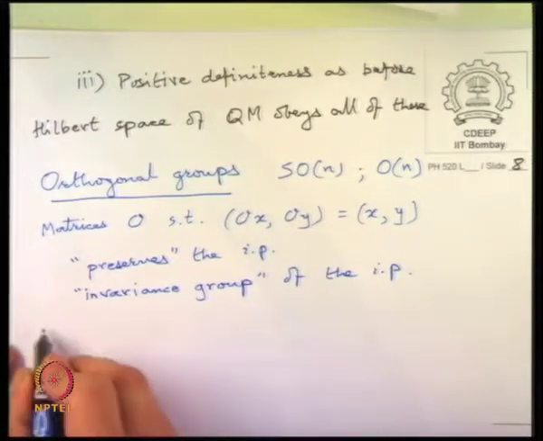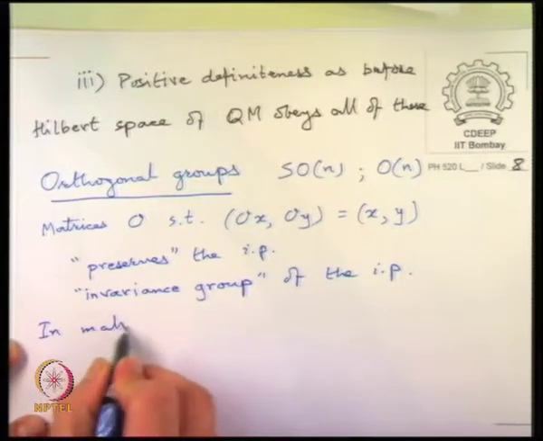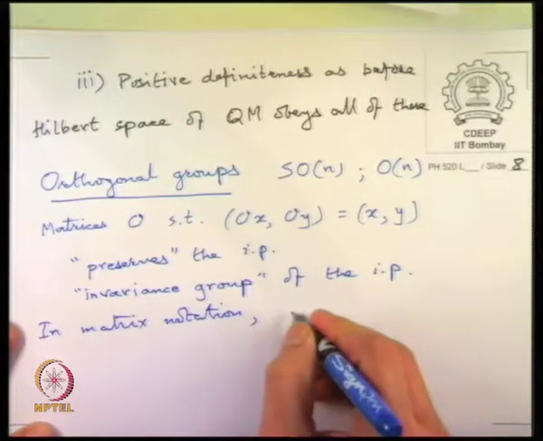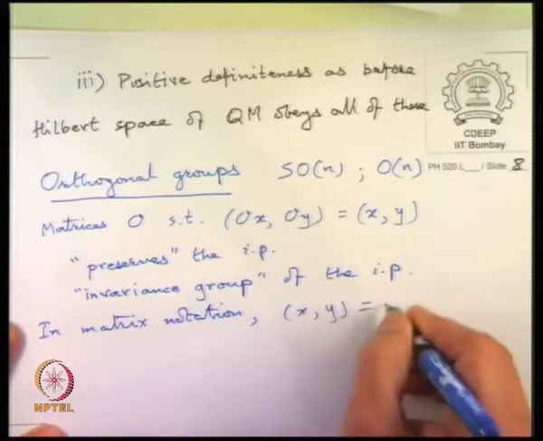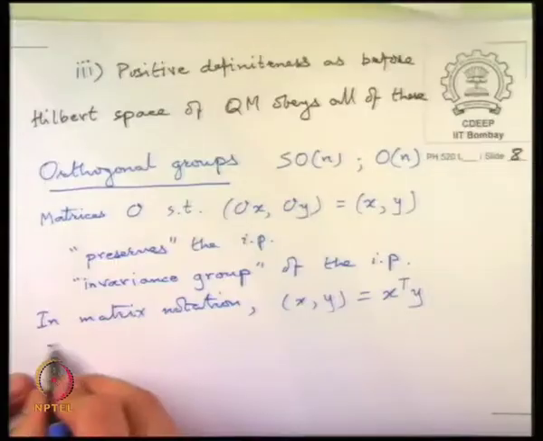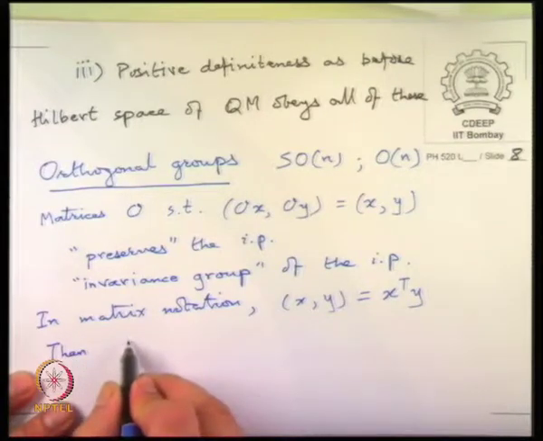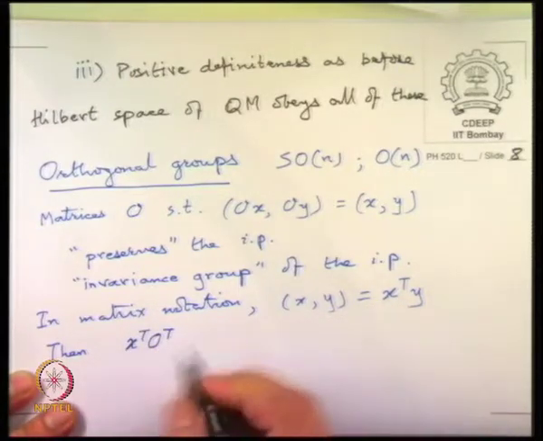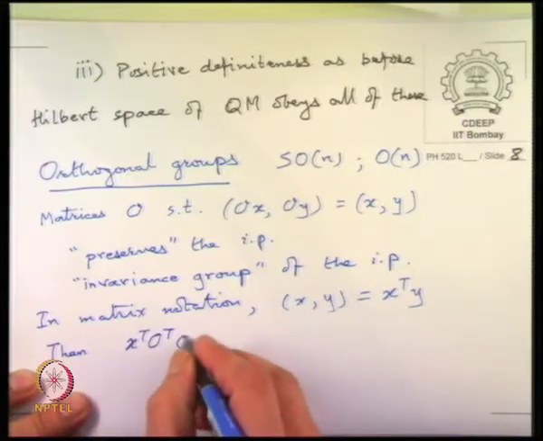In matrix notation, the inner product has to be written as x transpose y. We said that our carrier space is column vectors, right? So the usual way of writing out the inner product is to take x transpose y, and then we can see what we need is x transpose O transpose, because the transpose of a product reverses the order. I should have written that first, but you are grown up people.